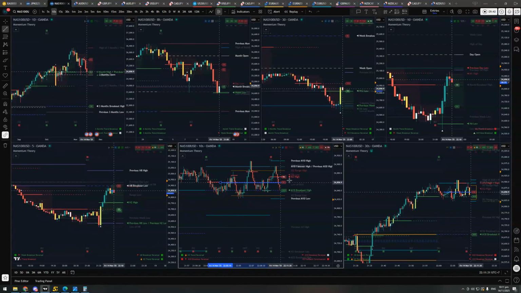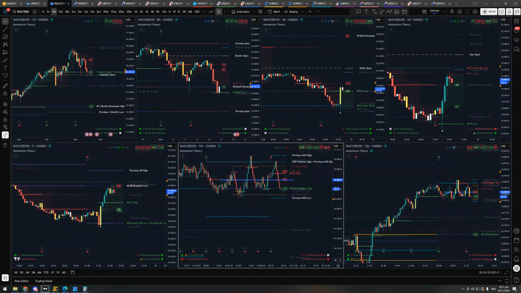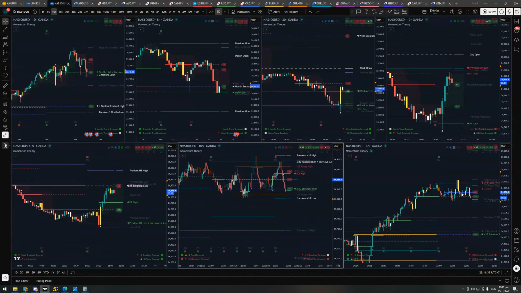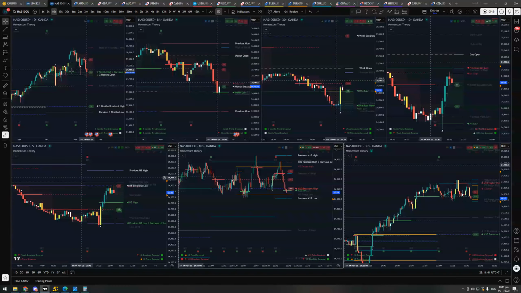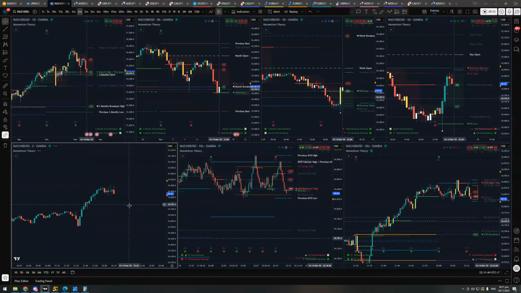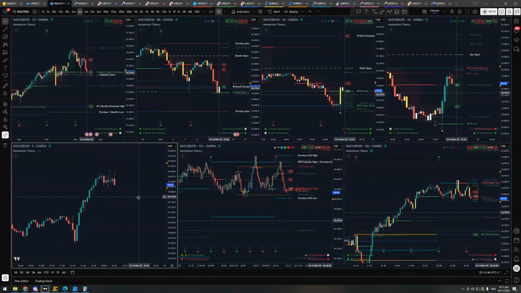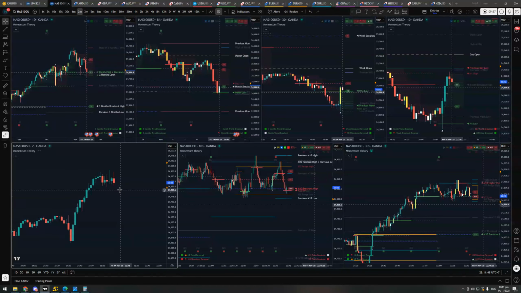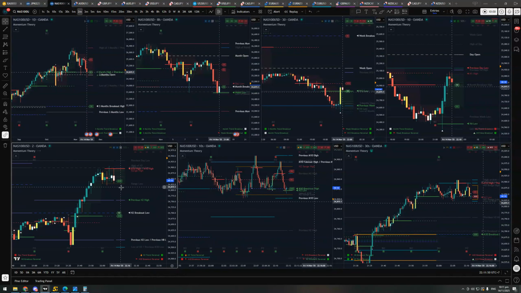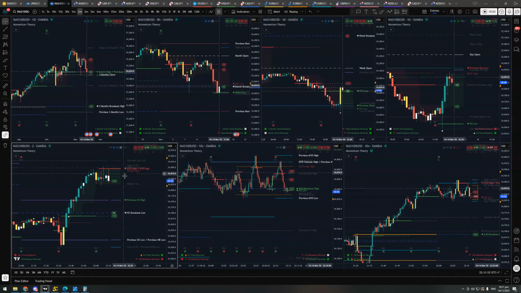M2 breakout level is right over here. And I don't like to trade when price is stuck like this. So I definitely want to see the M2 close as a breakout bar. All right, so 15 seconds here. Ideally, there's going to be a breakout. You can see this range.